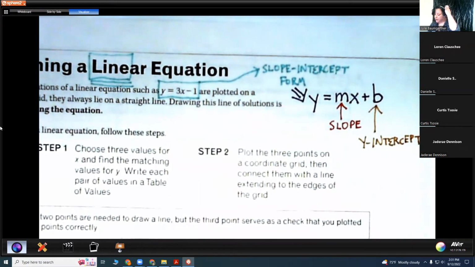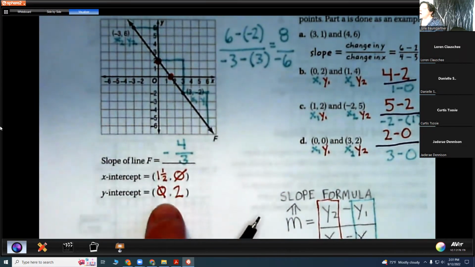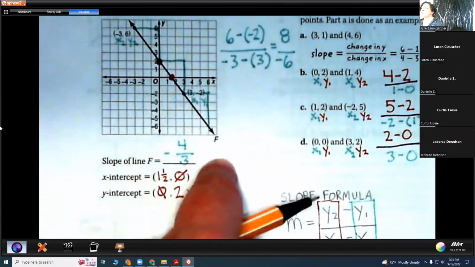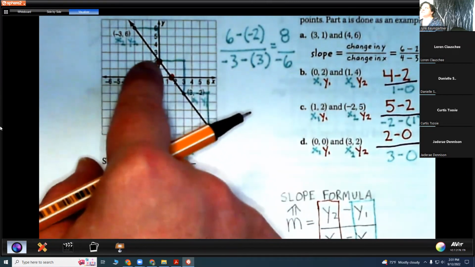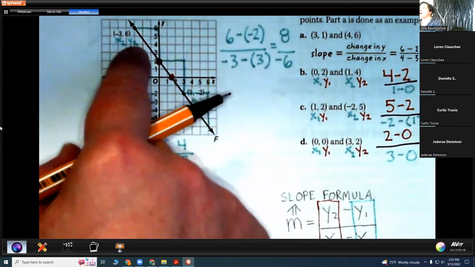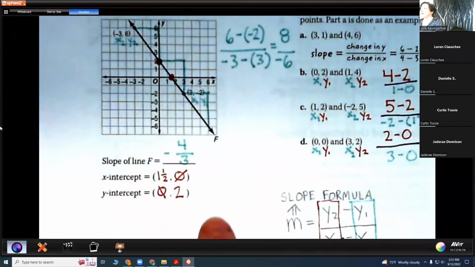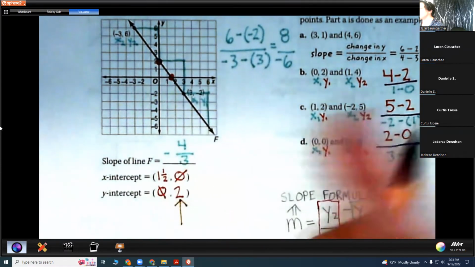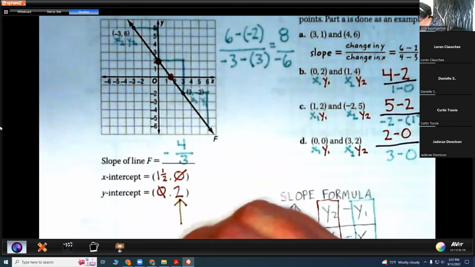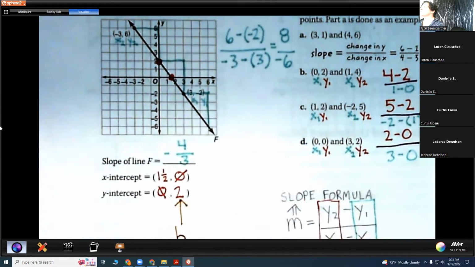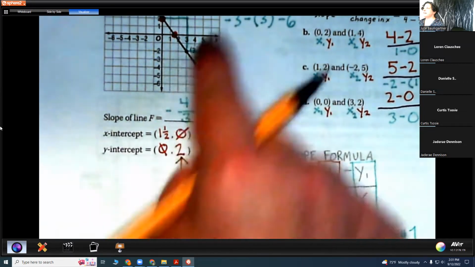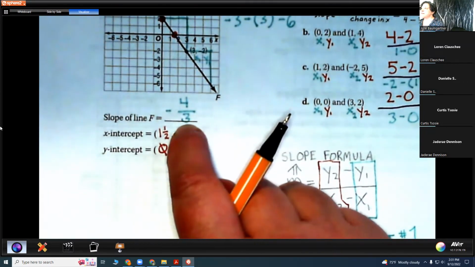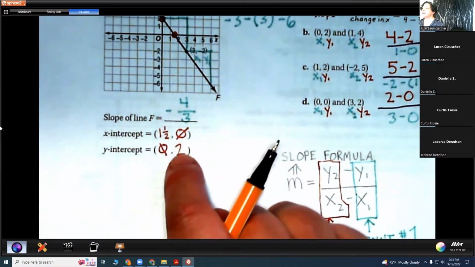So if you guys remember from what we worked on previously, all of our lines, if they have some kind of slope, are going to somehow or sometime cross our axes. And so this value right here, the value of y in our y-intercept, is what we call B in our slope intercept form. Okay, so for this line, our M is -4/3 and our B is 2.